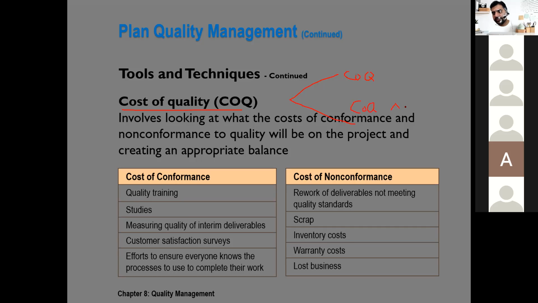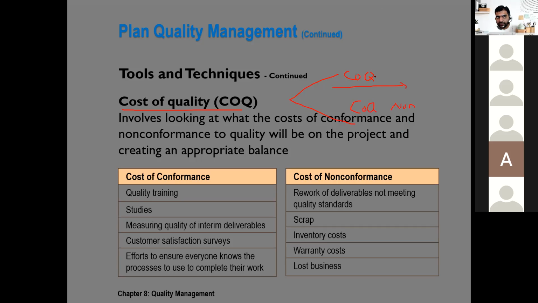Everybody would agree that we would like to spend on conformance instead of spending money on non-conformance, because the cost of non-conformance could be thousands of times bigger than the cost of conformance.